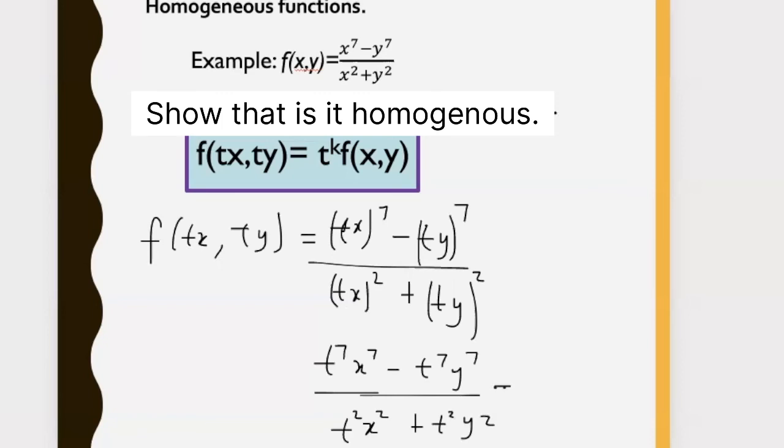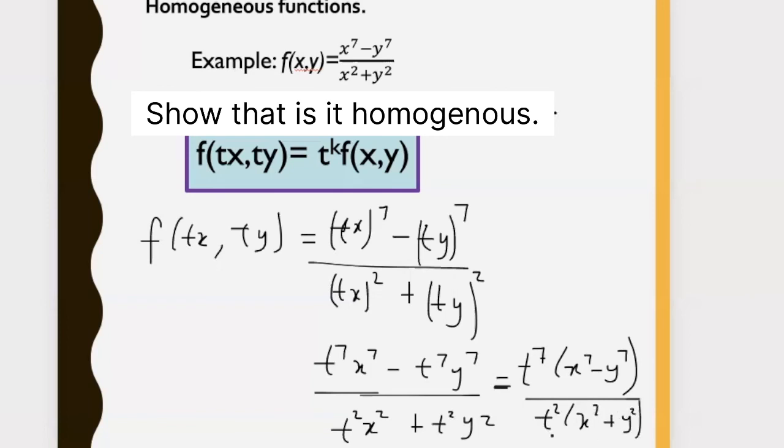Now, I am going to factor out t to the 7, and when I factor out t to the 7 in the numerator, I have x to the 7 minus y to the 7. And in the denominator, I can factor out t squared, so I'm left with x squared plus y squared.